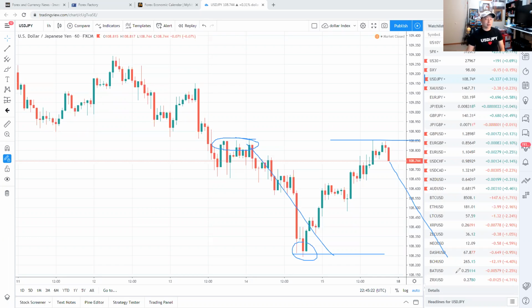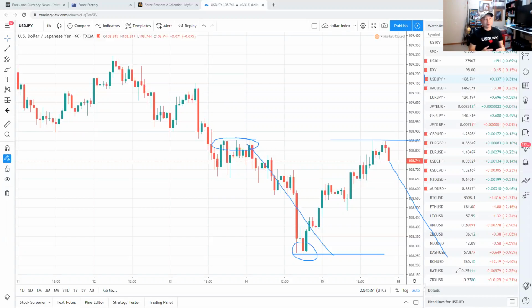Notice that I'm talking about a higher time frame rather than a lower time frame. For those that are just sticking to shorter time frames, it's hard to pinpoint double bottoms and double tops, because you're not looking at the highest price of rejection and the lowest price of rejection.